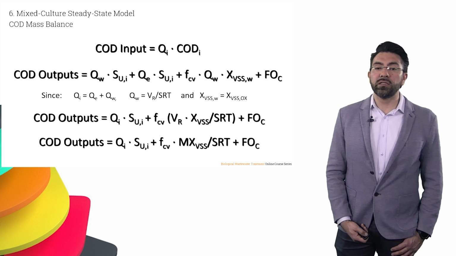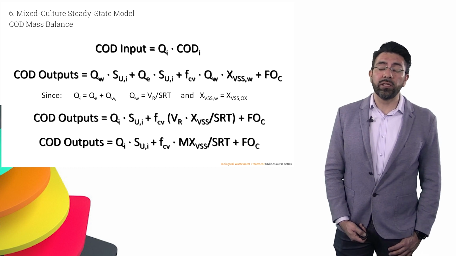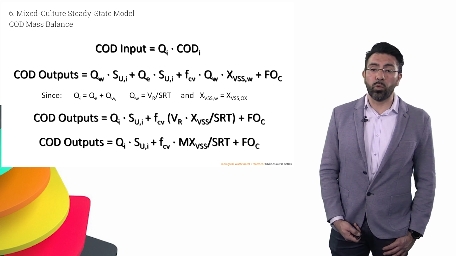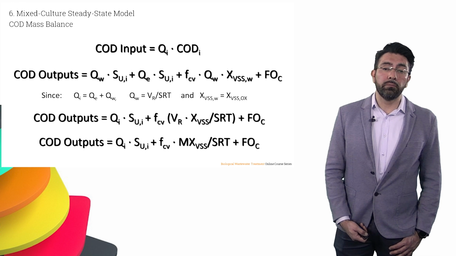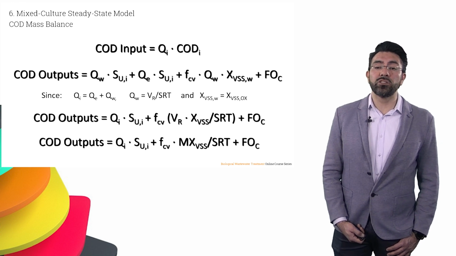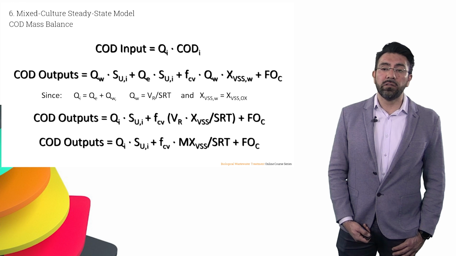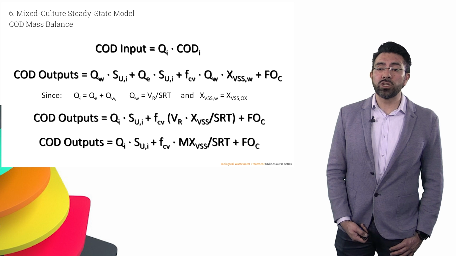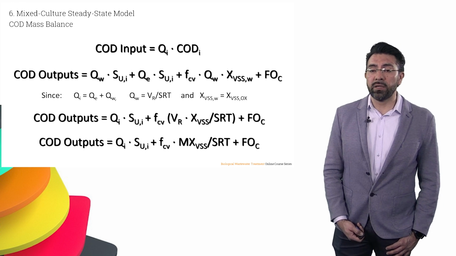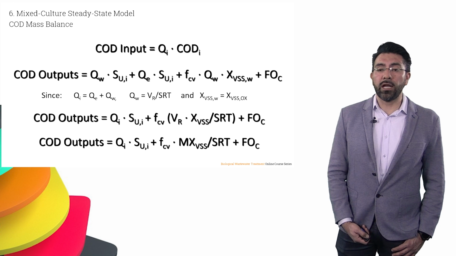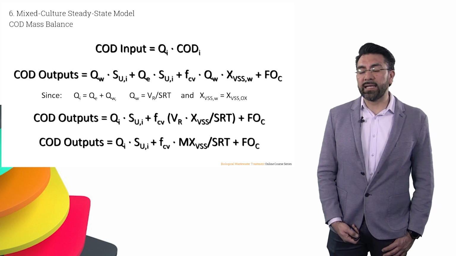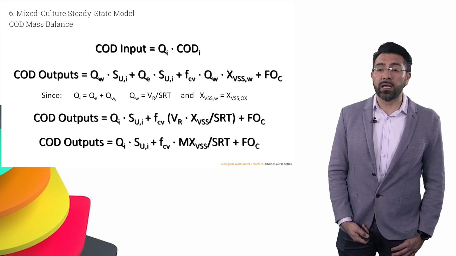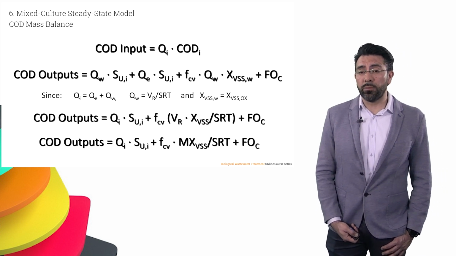This can be worked out further since we know that the influent flow rate is equal to the flow rate in the effluent plus the flow rate in the waste of activated sludge. Also, because we know that the waste of activated sludge is proportional to the volume of the reactor divided by the SRT, and because we also know that the concentration of volatile suspended solids in the system, if we waste from the aerobic reactor or from a line that connects the aerobic reactor with the second settling tank, is going to be similar to the concentration that we have in the aerobic reactor.